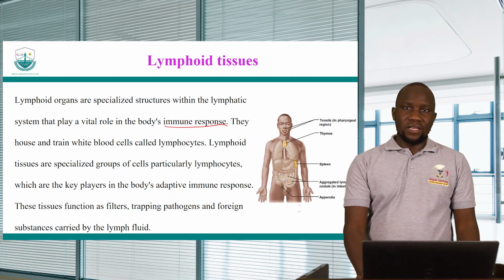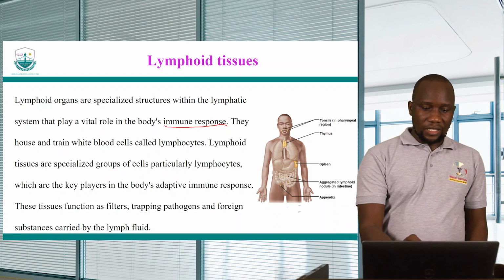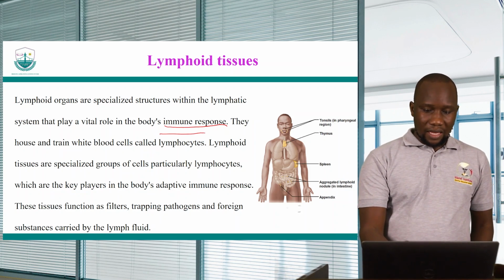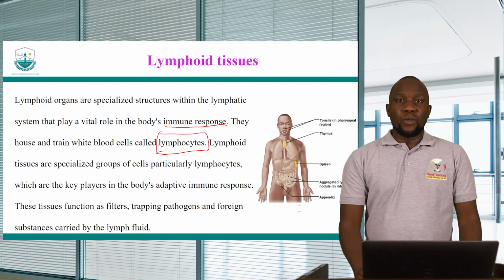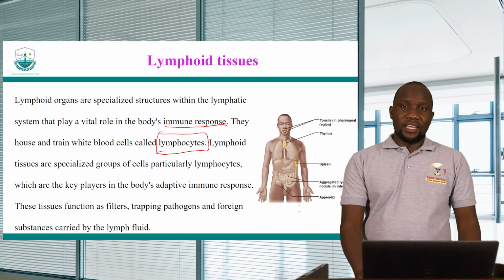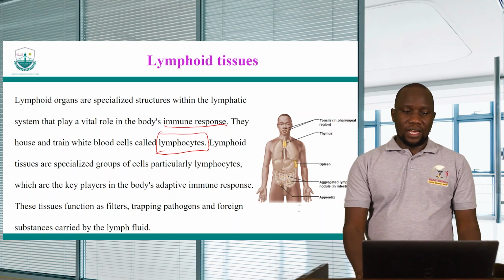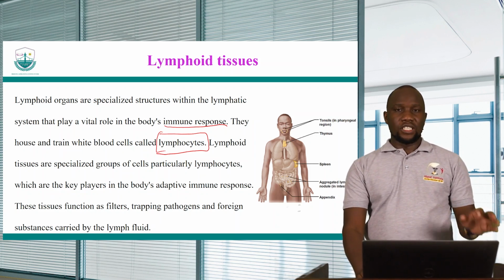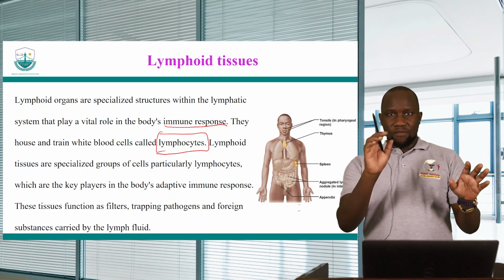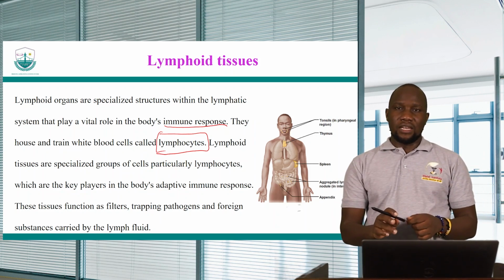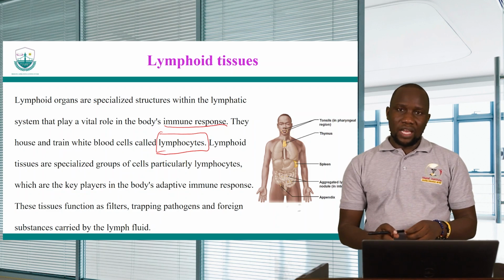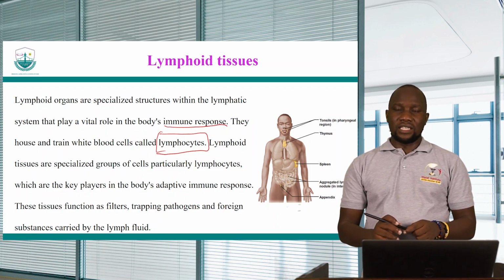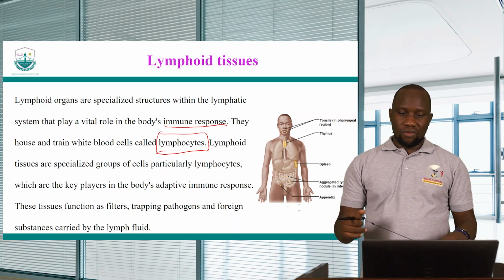They have cells that we call the lymphocytes. These cells are like the soldiers who are ready to see what danger is there, what enemy do we have, and then they attack and destroy these pathogens, which we are calling the enemies. Okay, so the lymphoid tissues have lymphocytes, which are a special type of white blood cells that can destroy pathogens.